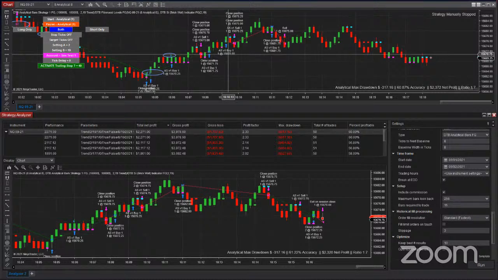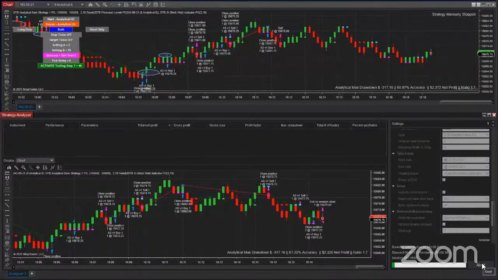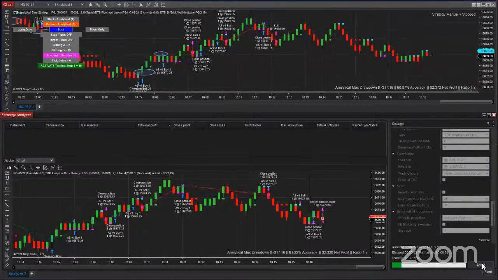So if you're running the YM or the ES, you might not work with 3 tick slippage. You can switch down to 2 ticks. On the ES, you can do 2 ticks of slippage because it's generally 1 tick. So that's a good value to work on and adjust it accordingly.